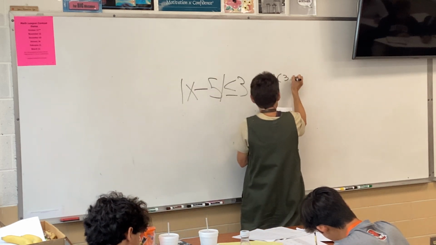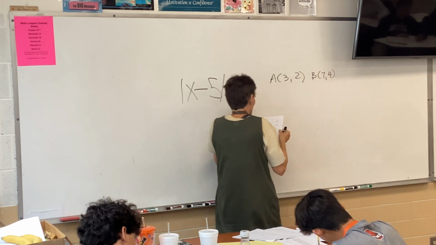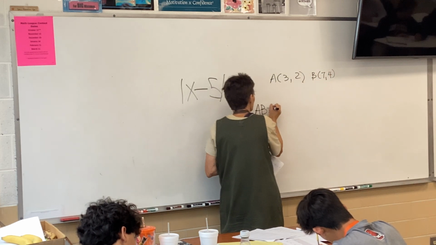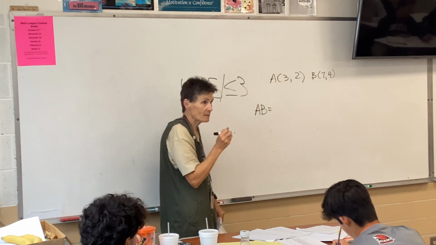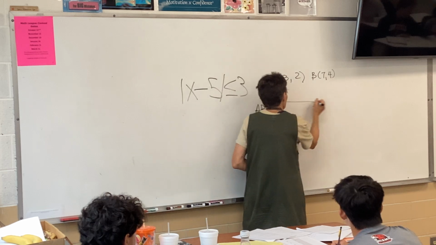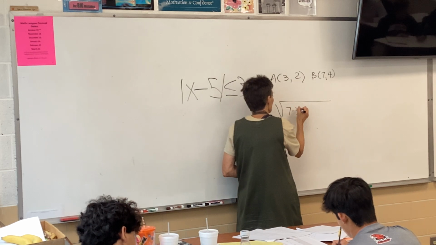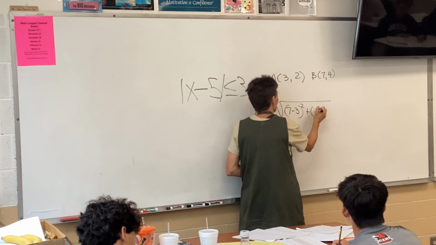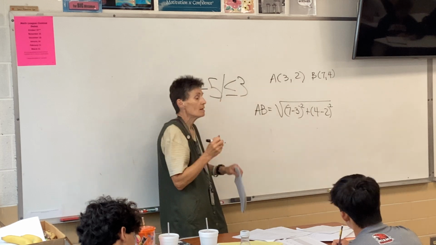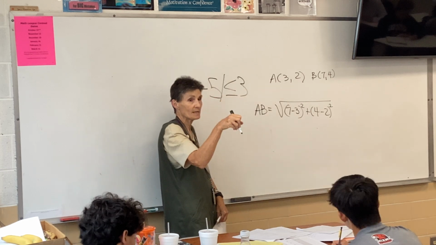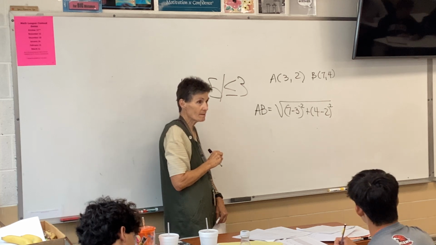So here are my points. AB means the distance from A to B. So that'll be a big radical. 7 minus 3 squared, 4 minus 2 squared. I'm doing my distance formula. That's what AB means. With me?